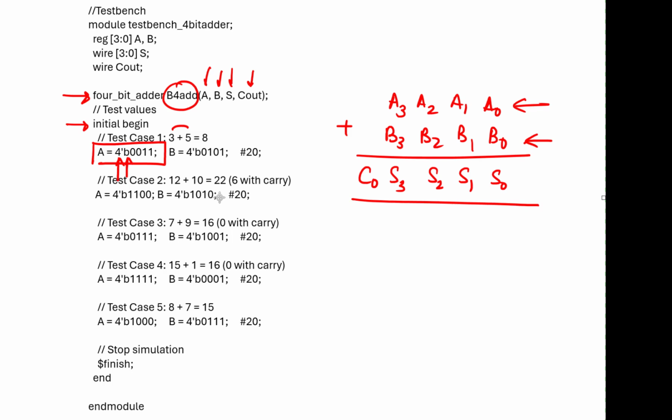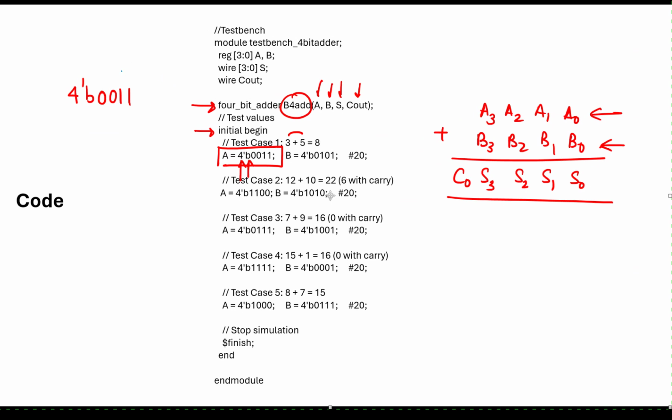So this is what I want A to be. And we say B is equal to the 4-bit binary number 0101. So B is 0101.